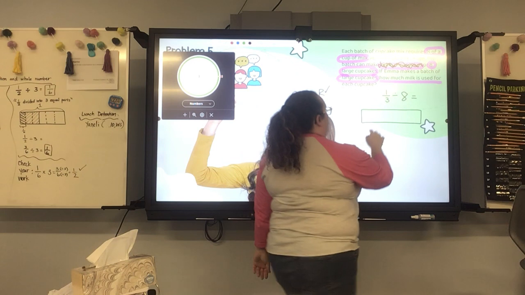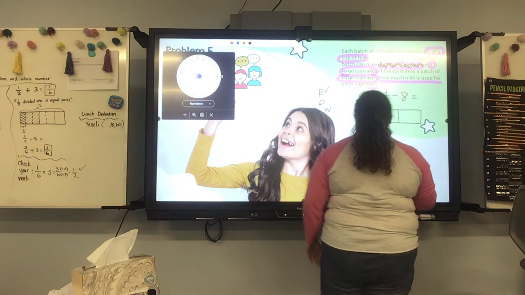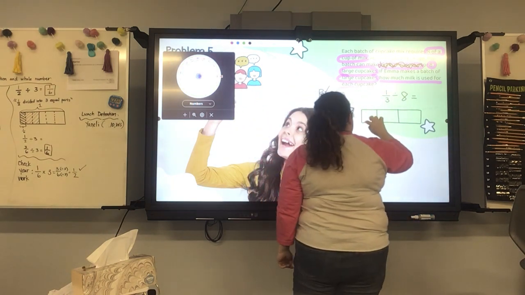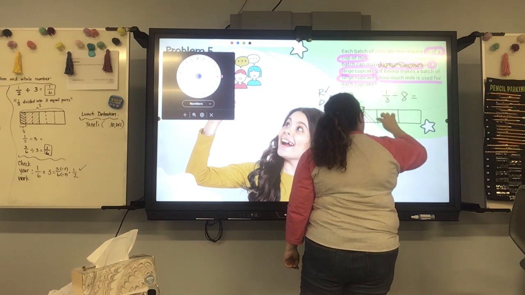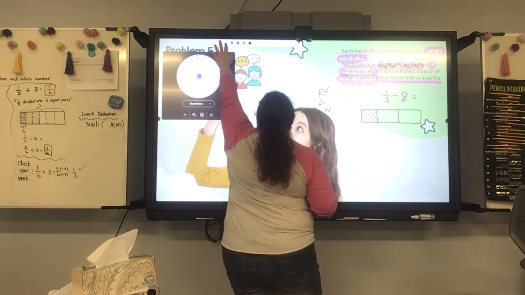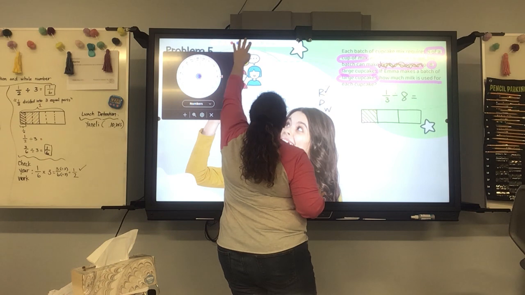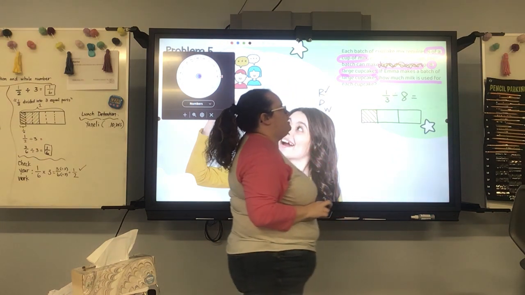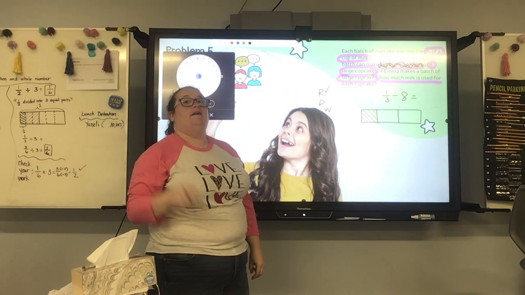Very good. I need 3 pieces because I have 1/3. So I'm going to draw the zigzag line on 1/3 of them. Okay, now what am I going to do, number 7? Very good.